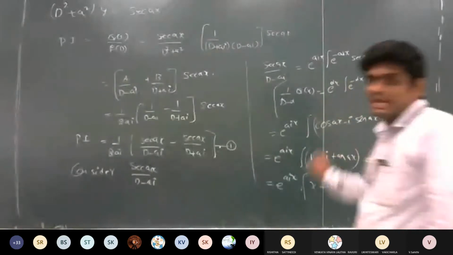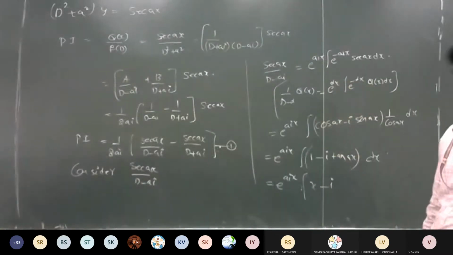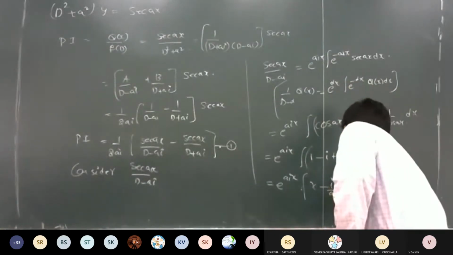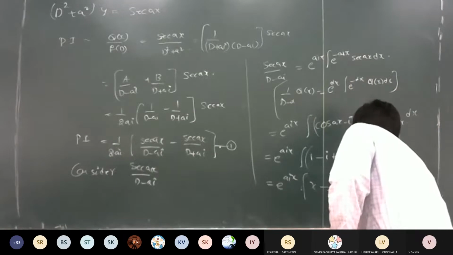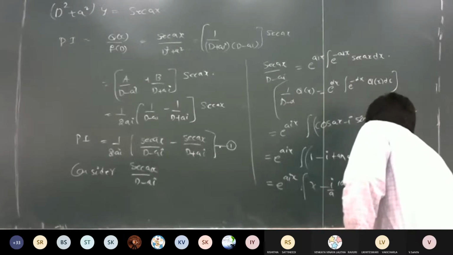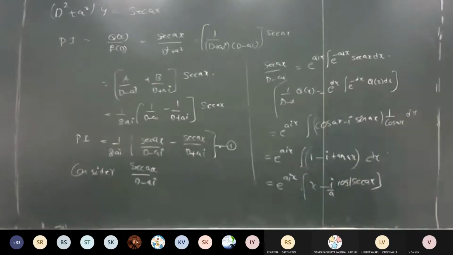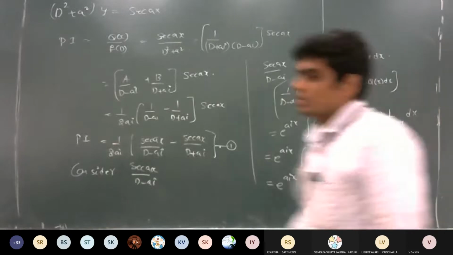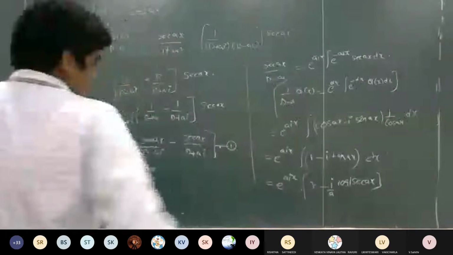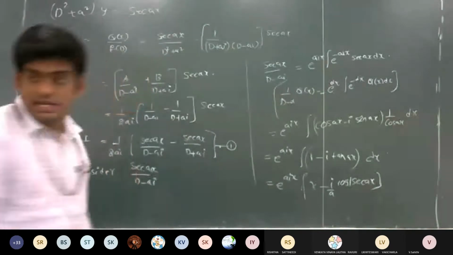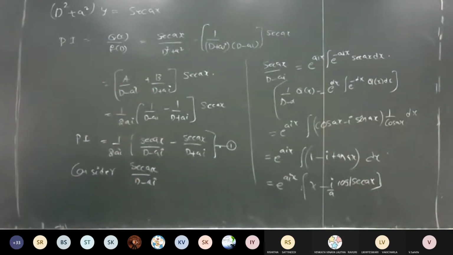What is the integration of tan ax? It is 1 by a log|sec ax|. So this is the integration of tan ax. It's a very simple question.